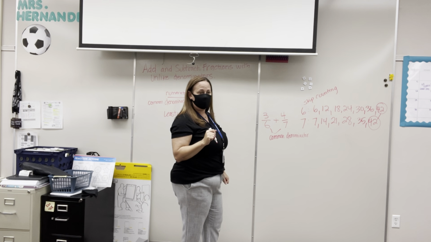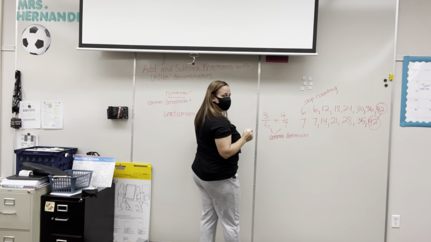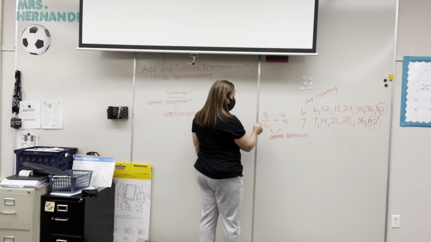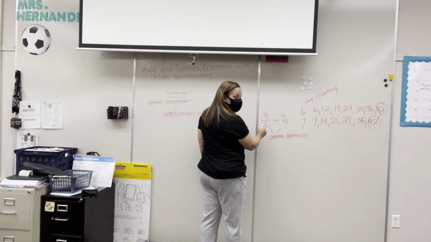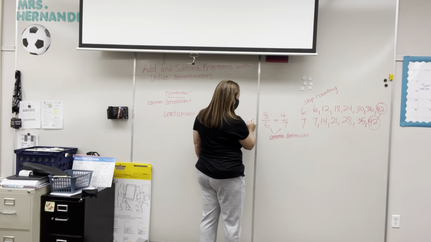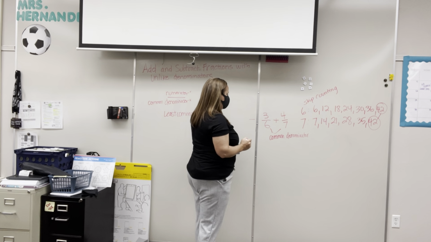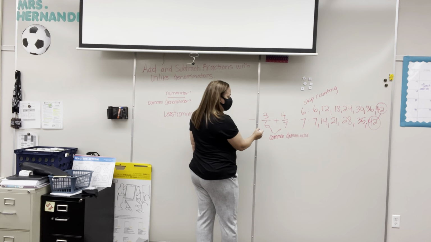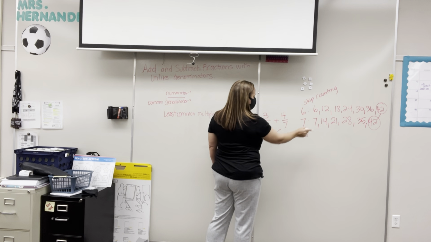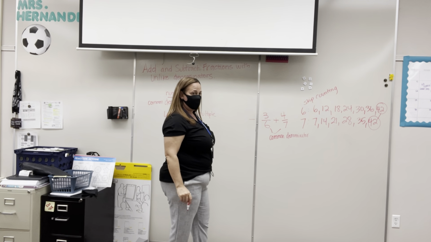Carlos, tell me. Okay, so we're gonna put a line next to the 6. Where? Here? Okay. And then you're gonna have to put 42. Remember, we have to change these both to 42. So put 42 and 42.